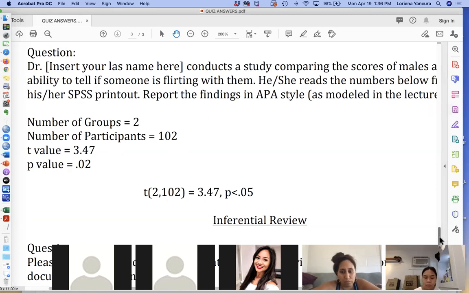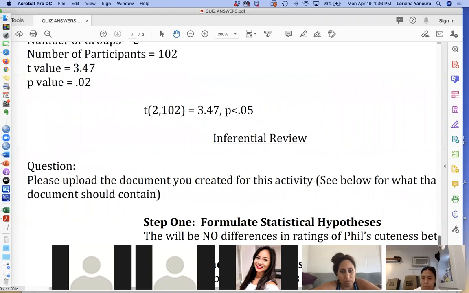So I would report it like t, number of groups by the number of participants, equals your t-value exactly as it is on there. And then the probability is less than 0.05, the alpha level you picked. So this is how you just write it down.